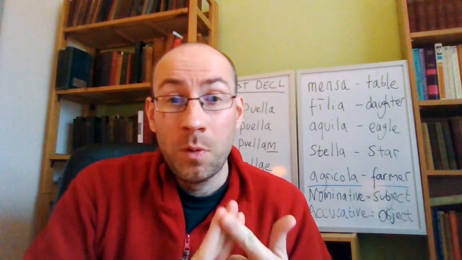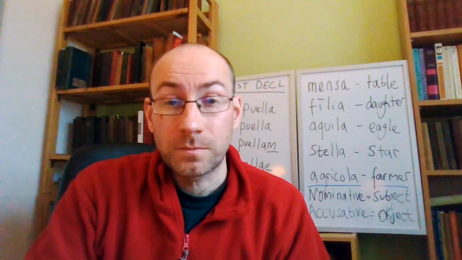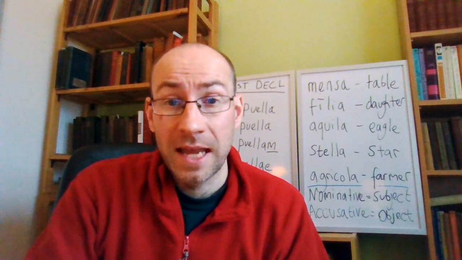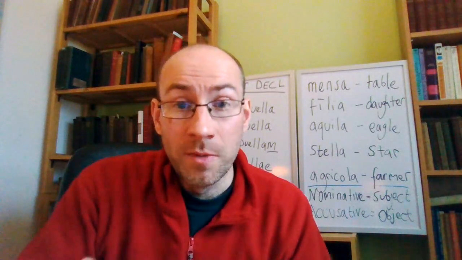Now, the other really important thing about Latin nouns is they have what's called grammatical case. If you have some Russian or Polish, some German, and there are other languages that have case, then this will be familiar to you, at least partially. Otherwise, it's new. Don't worry about it. We'll take it step by step. We're just going to introduce it today.